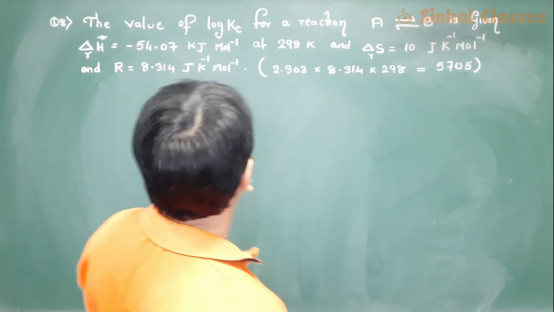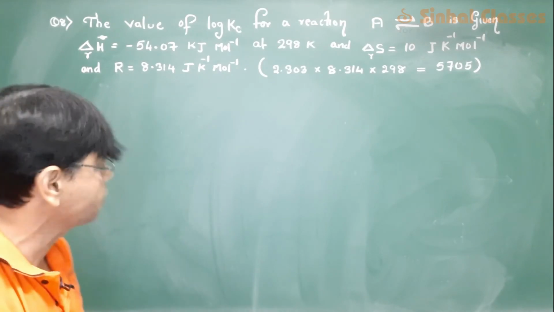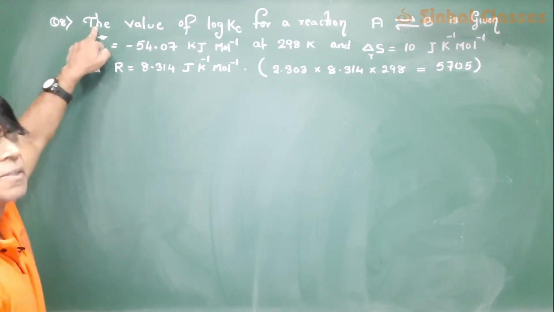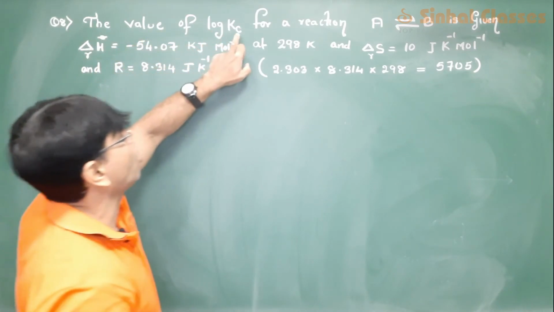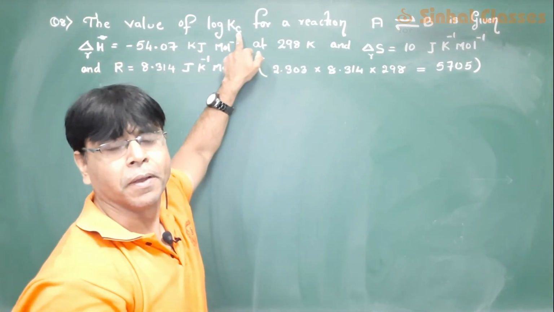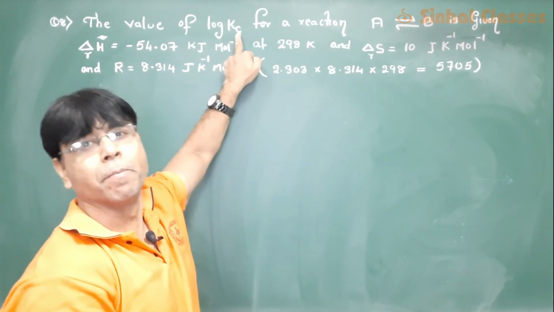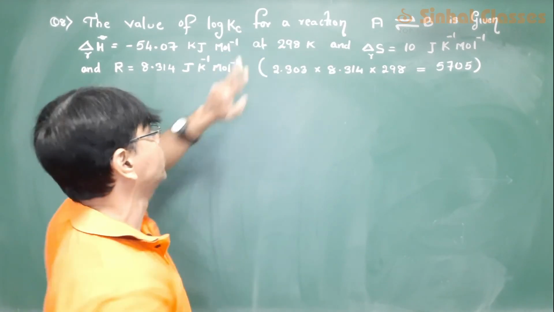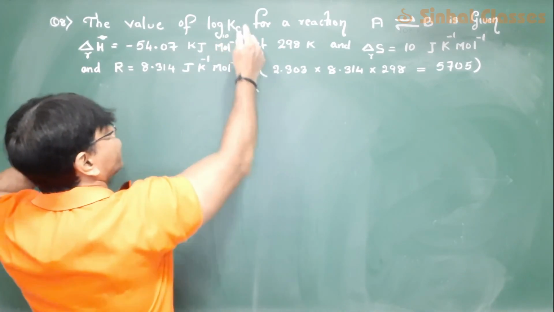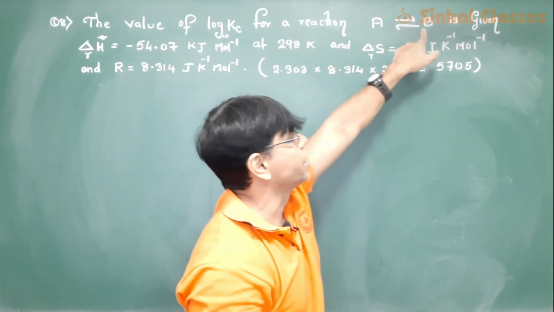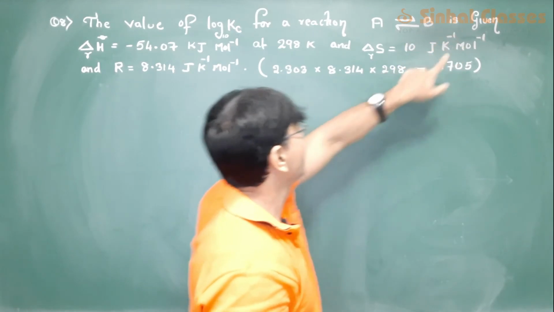Okay students, let's see one more very interesting question. It says the value of log Kc. Kc stands for equilibrium constant. Remember, it's a constant at equilibrium. Log to the base 10 of Kc for a reaction A in equilibrium with B is given.